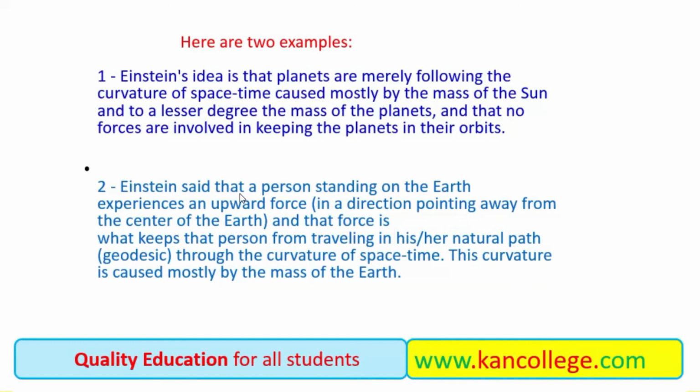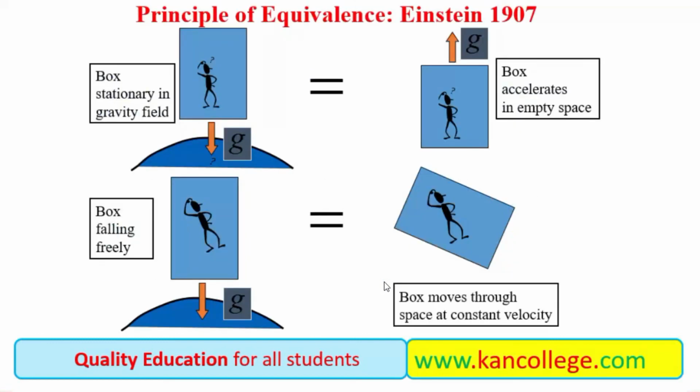Einstein said that a person standing on the earth experiences an upward force in a direction pointing away from the center of the earth, and that force is what keeps the person from traveling in his or her natural path, known as a geodesic, through the curvature of space-time. This curvature is caused mostly by the mass of the earth.